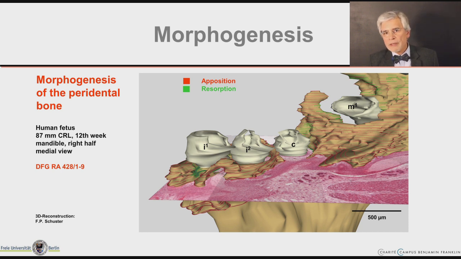And between the canine and the first molar, a bony septum even protrudes high, really very high, and it is marked in red. So it is an active bone formation which rises up there between the dental primordia, just like building foam. I was surprised by that. I had not expected it to be so extreme.